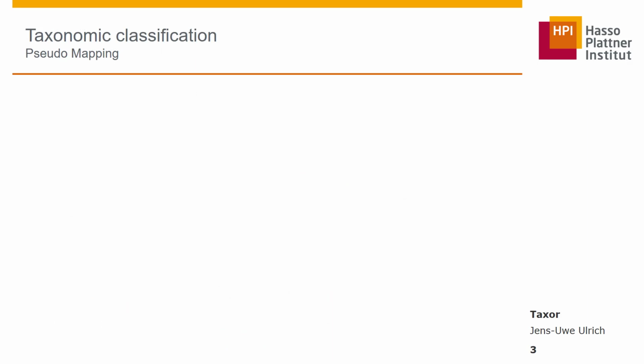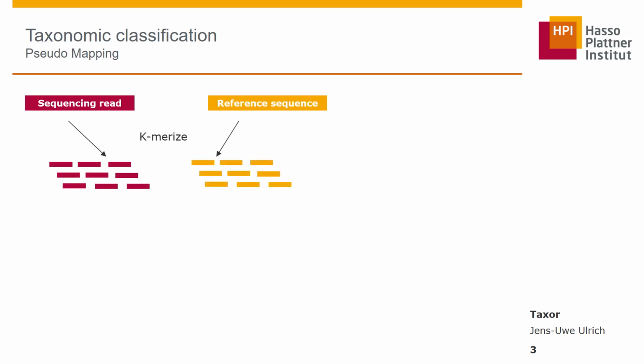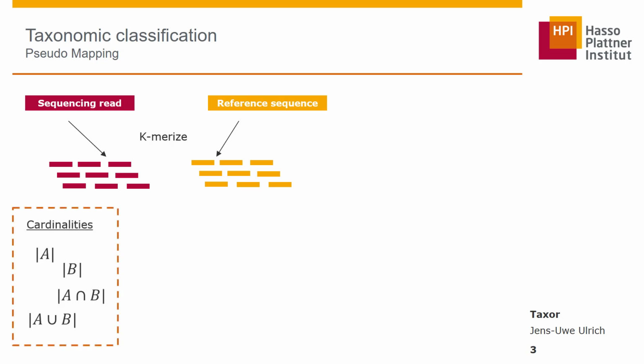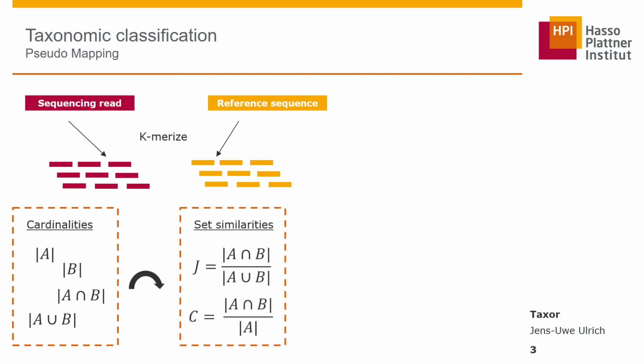One technique used for taxonomic profiling is the so-called pseudomapping, where we first create all possible substrings of size k from the sequences, which are called k-mers. Using these sets of k-mers, we can calculate individual and joint set cardinalities, from which we can determine set similarity scores like the Jaccard index, or in our case the containment score.